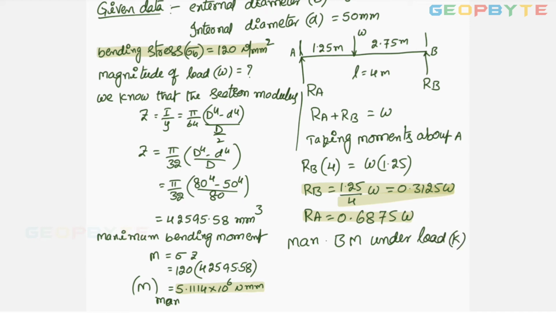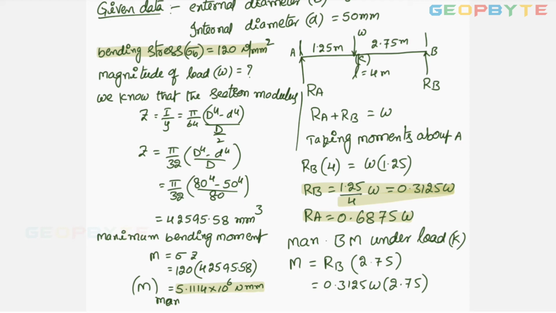Let it be K. Maximum bending moment equals RB into the distance 2.75. RB is 0.3125 W into 2.75. Otherwise you can also take RA into 1.25. That also gives the same answer.